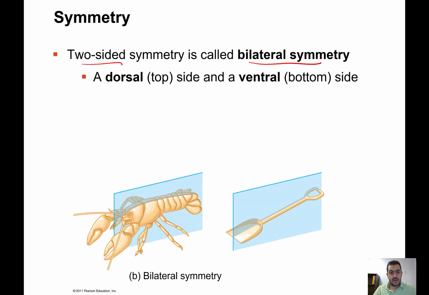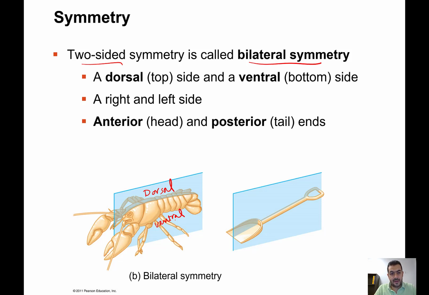This bilateral symmetry will generate a dorsal side, which is the top side, and it will generate the ventral or bottom side. It will also generate right and left sides and anterior and posterior ends. So here we will have the anterior end, and here we will have the posterior end.